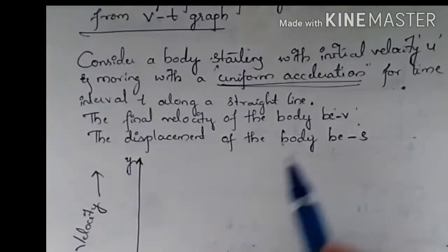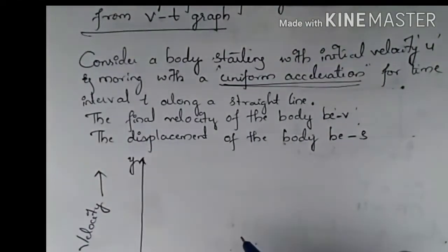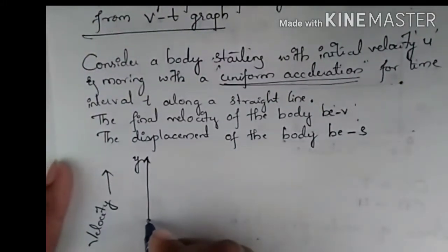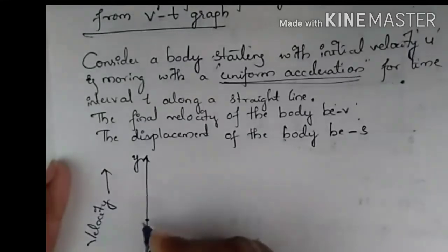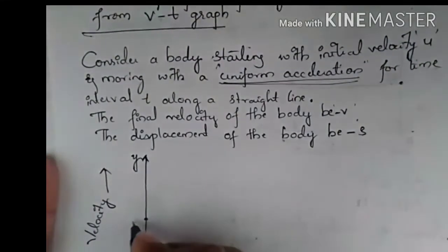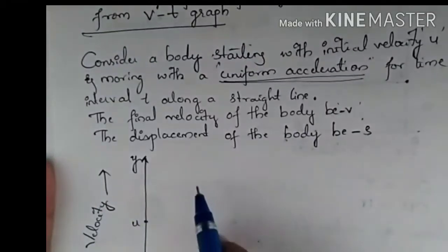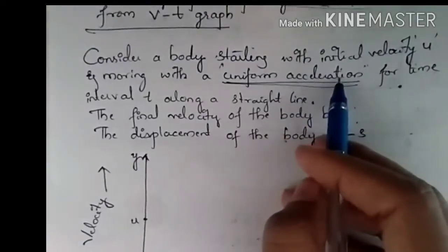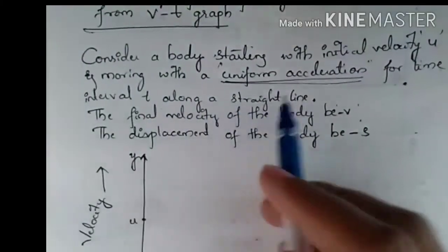Here the initial velocity is not 0, so the initial velocity is u. Let's suppose this point from 0 to here makes the velocity u, then the body has started moving with uniform acceleration for time interval t along a straight line.